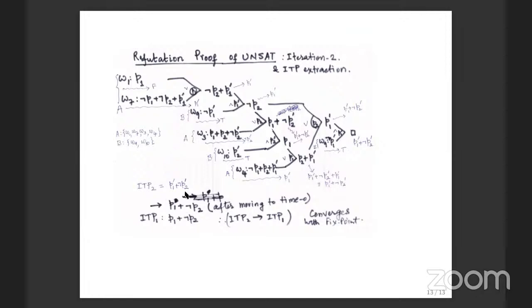And that's what I'm doing here. After moving to time 0, that you see here, is just replacing all the primed variables in the interpolant and moving them to time 0 before you take the union. Now, this one you see is the union, the first ITP1 contains ITP2.